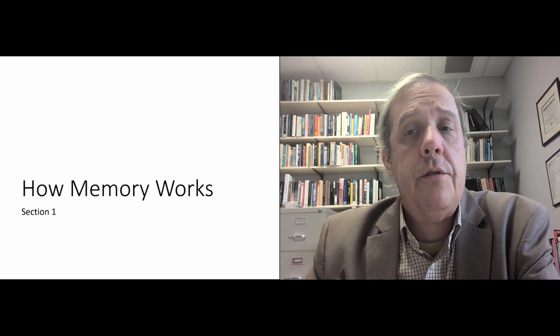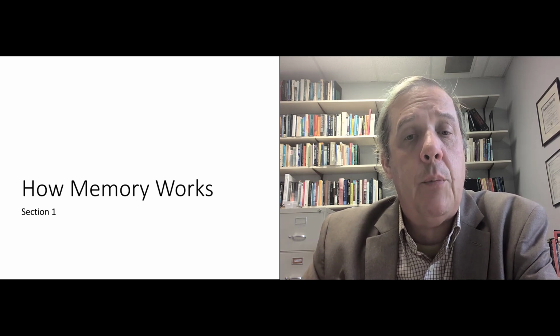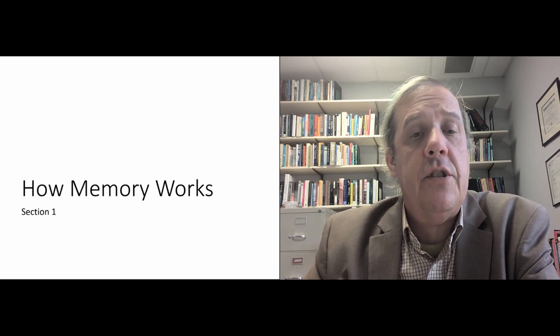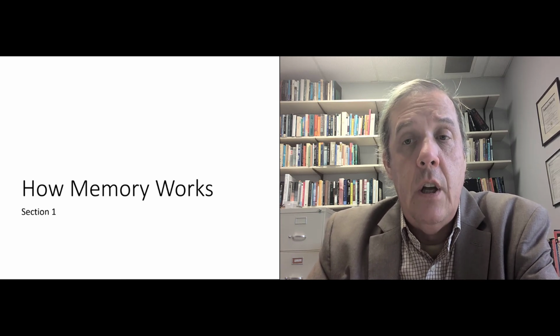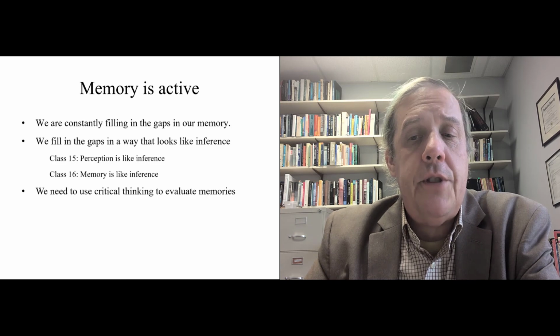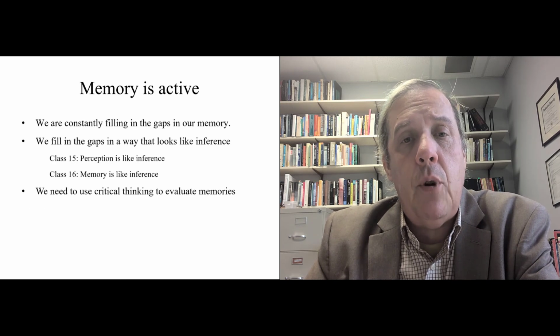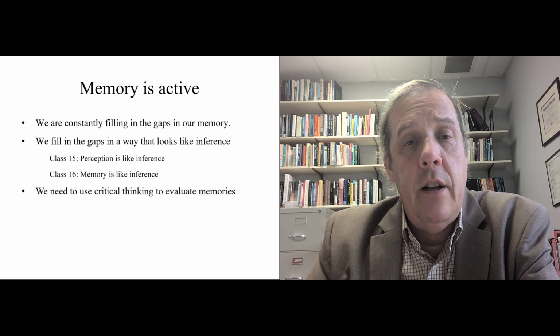So our first subsection is going to be about how memory works, and the second section is going to be about biases of memory and how to deal with them. The central lesson here is that memory is active. We are constantly filling in the gaps in our memory. And again, this means that the process of remembering looks a lot like inference.